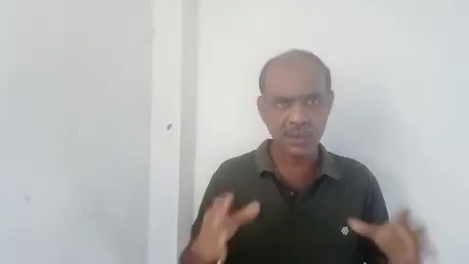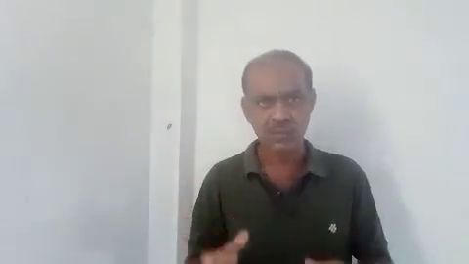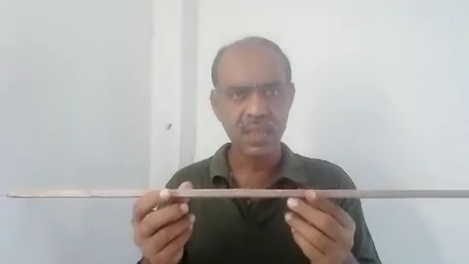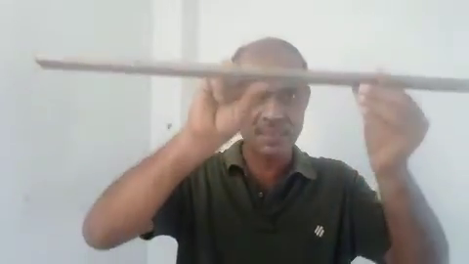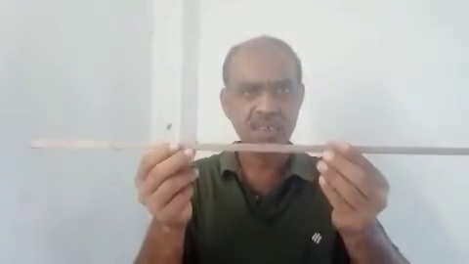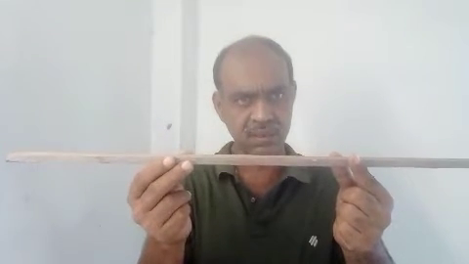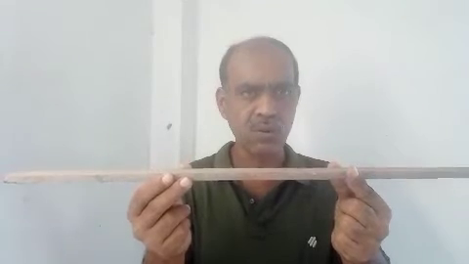Now I am trying to explain what is rotation. Say if you take this stick, this wooden slab, and say this is executing this motion. Say first, this is kept in horizontal position in my hands, means this is parallel to the floor of this room.